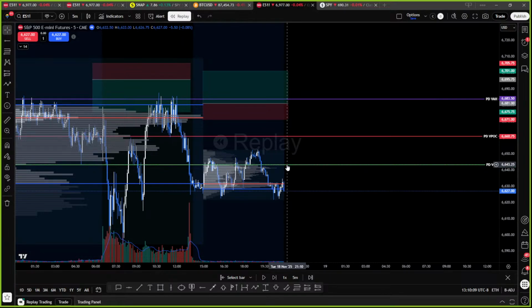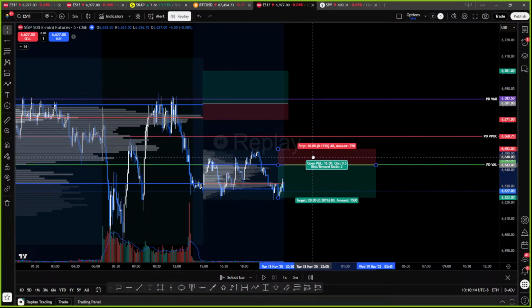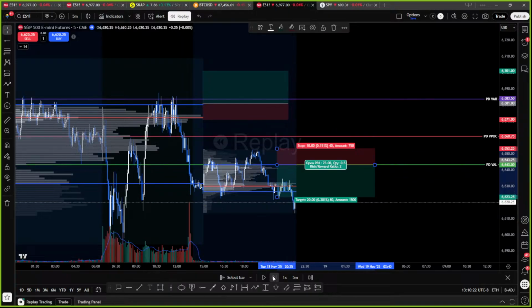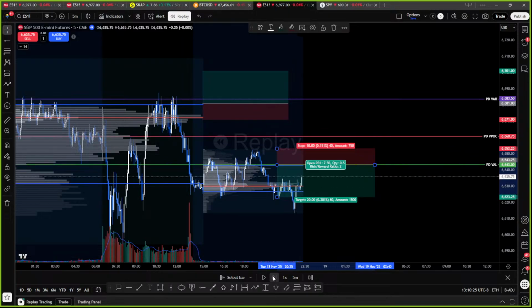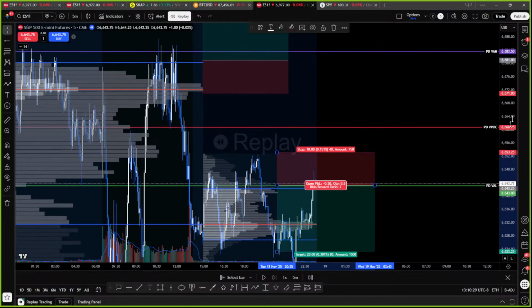At this point, we're looking for a short here on a retest. So we're short.